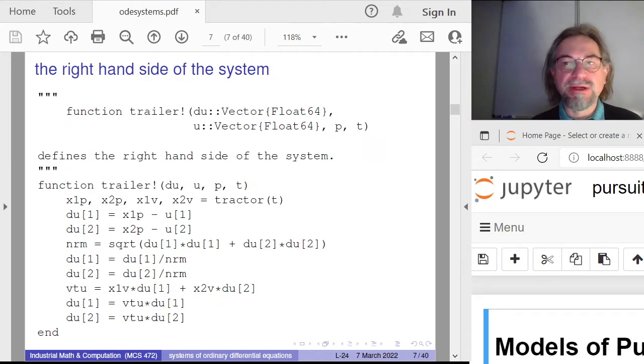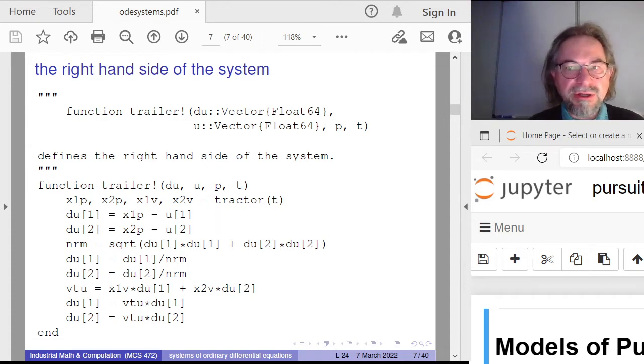So here is the trailer. In the previous to the last lecture, we introduced the differential equations in Julia. So we have to follow this syntax of the exclamation point, where this is a function that changes its arguments.